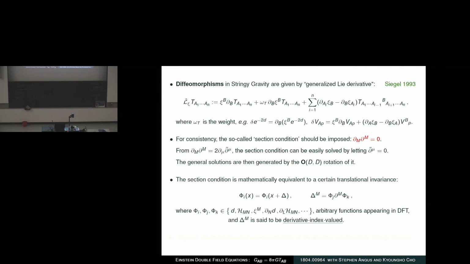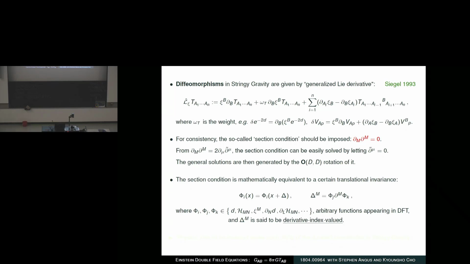I know the section condition is actually the source of many complaints from outside of the double field theory community. But what is mathematically true is that the section condition is equivalent to a certain translational invariance. So here capital phi I, phi J, phi K are just arbitrary functions which appear in double field theory. So it includes d, H, and any gauge parameter and their arbitrary derivatives.